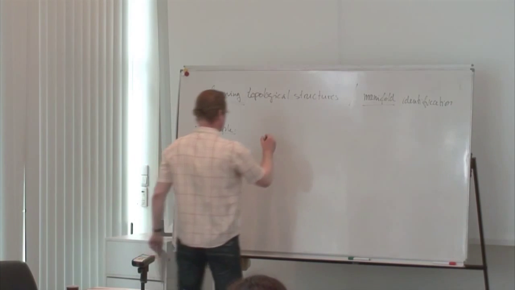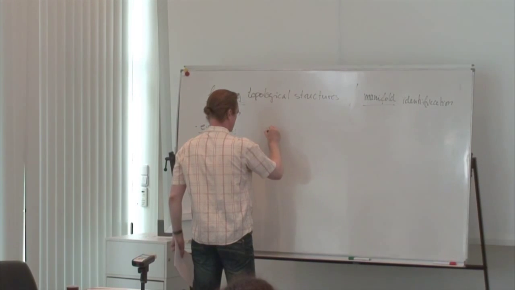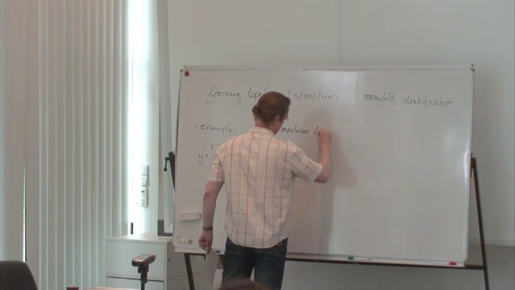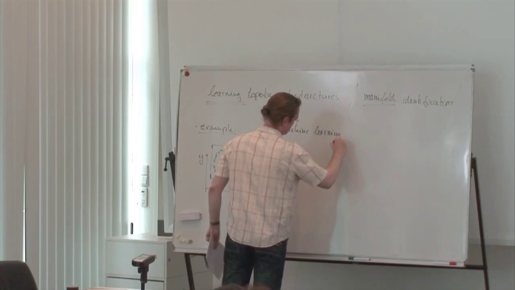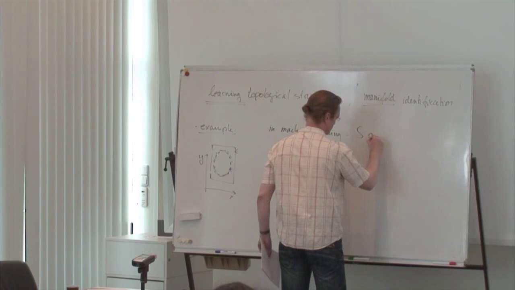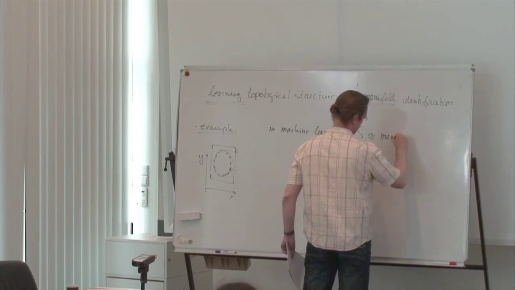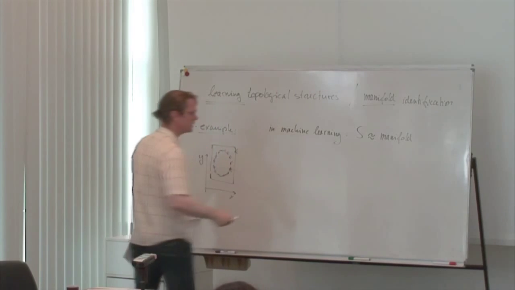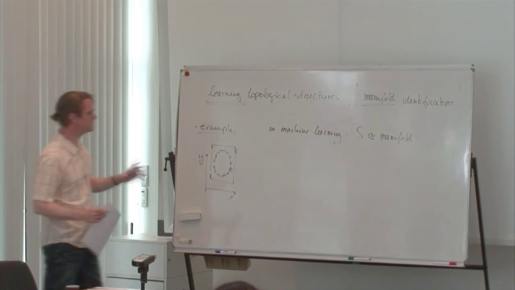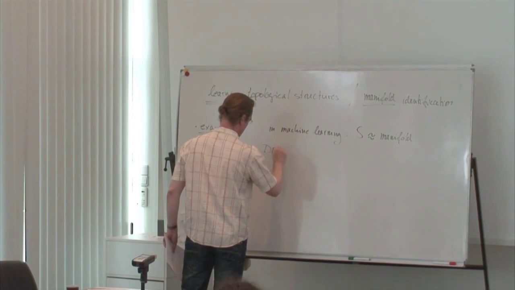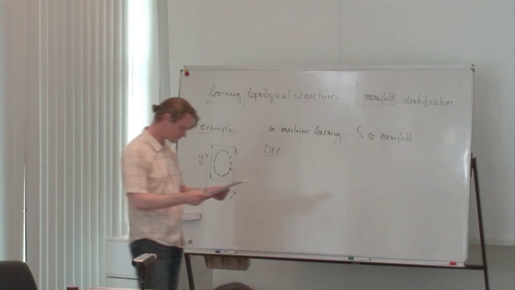So in machine learning, this set S is often referred to as a manifold. And to see why, let us have a brief look at what mathematicians would understand under the term manifold.